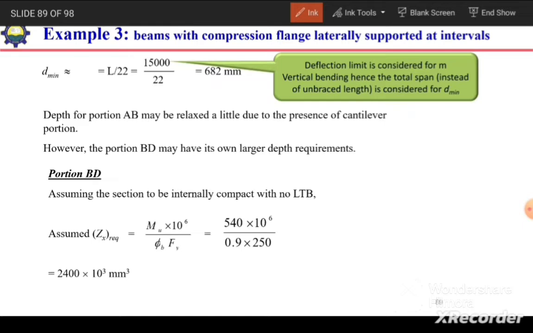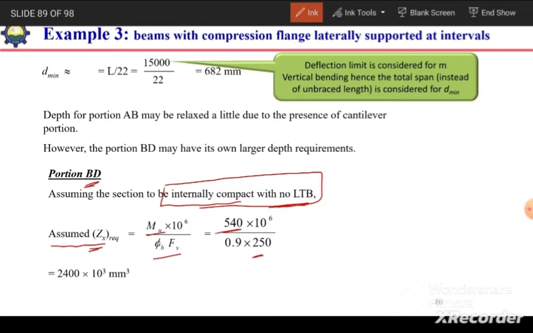Okay, for portion BD, if we calculate the Zx required, we need to assume that the section is compact and there is no lateral torsional buckling. Once we assume these two criteria, we can calculate the Zx required by Mu divided by phi b Fy, and Mu is 540 for this segment BD and Fy is 250 for A36 steel.